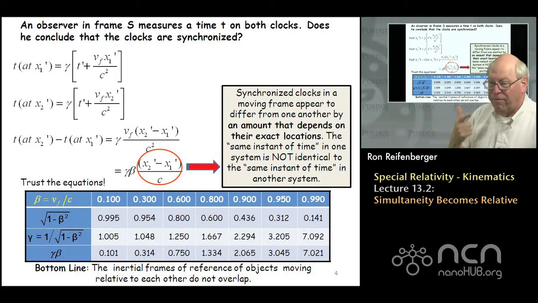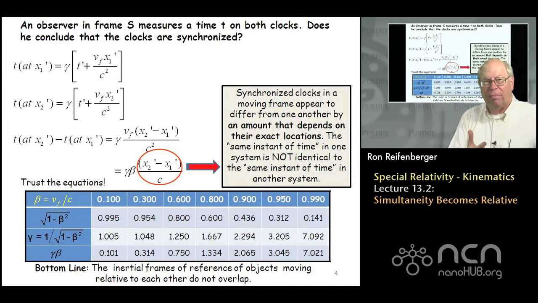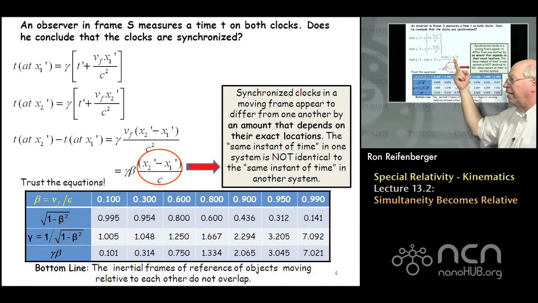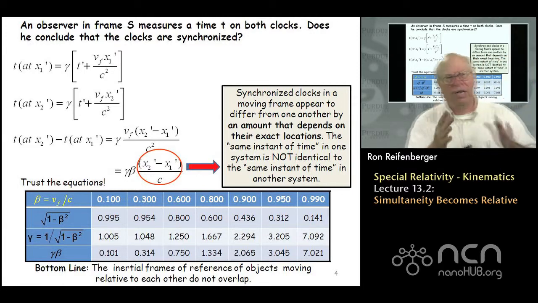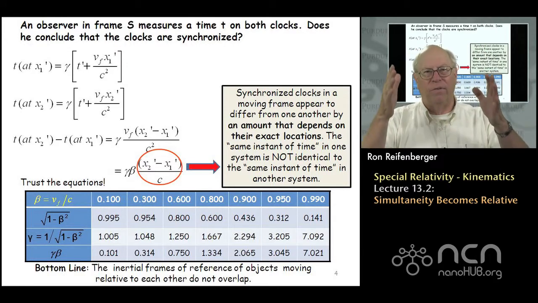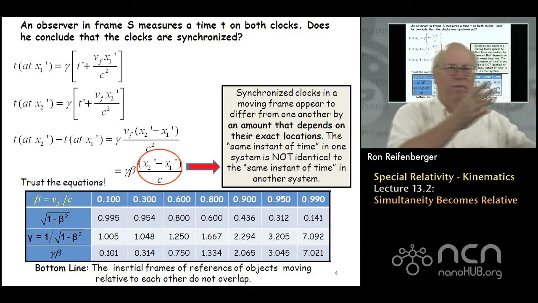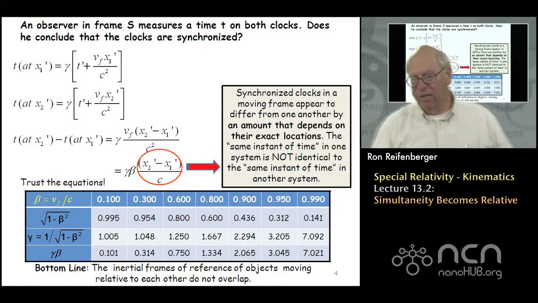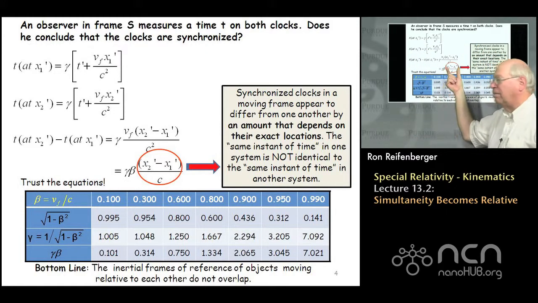So in the S prime frame, you would say there's no time difference between the two clocks because T prime is the same for both clocks. In the stationary frame S, there's a term that depends on the difference in location of the two clocks. And so two clocks that are synchronized and simultaneous, one with the other, in a reference frame S prime, when viewed from a reference frame S, now show a time difference.